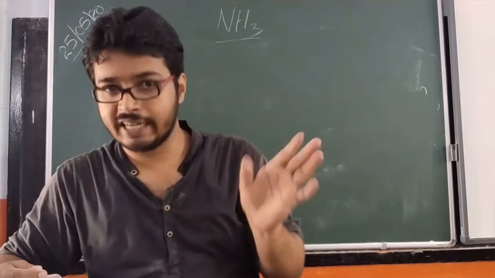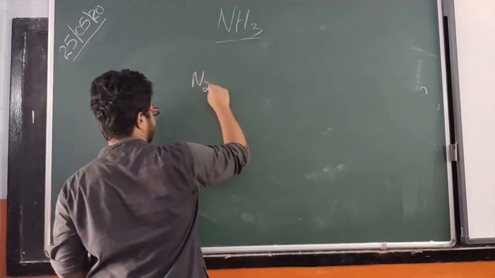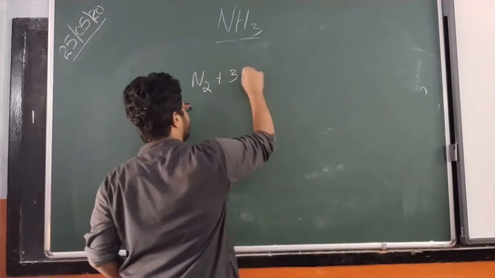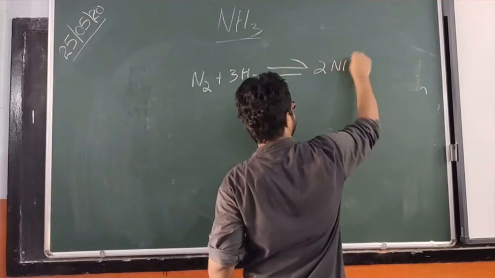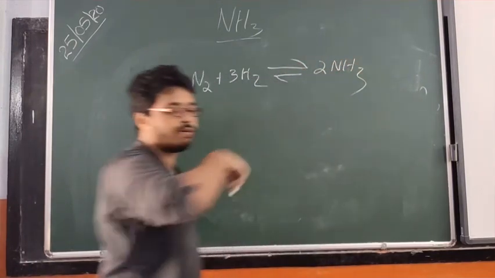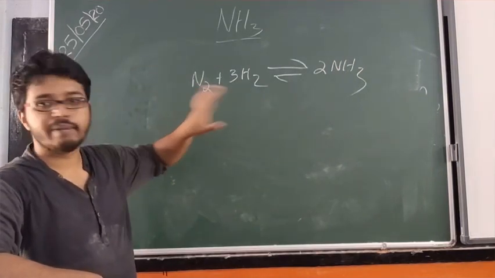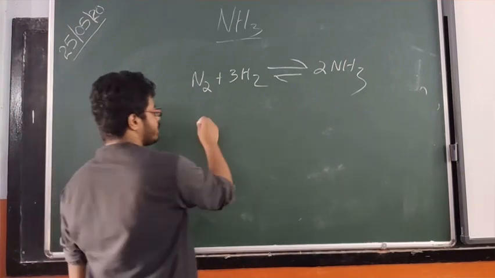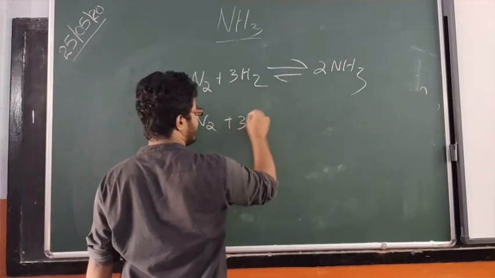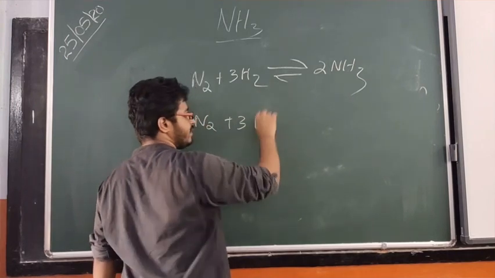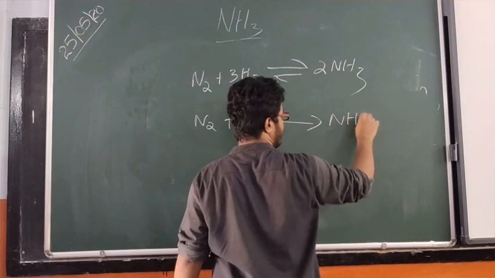I'll explain a little bit about that. I'll write the reversible reaction here: N2 plus 3H2 reversibly gives 2NH3. Here we are discussing only pressure, so I am not writing anything about temperature. I am dividing this reaction into two parts: the first one is the reaction for production of ammonia.